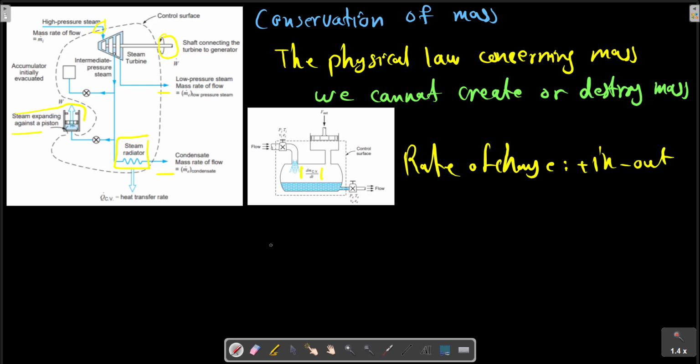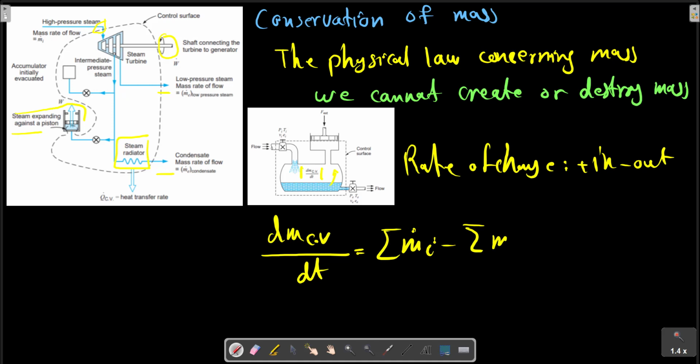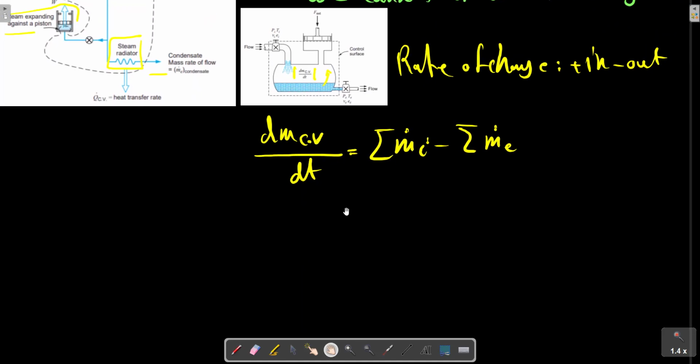So we can write dm control volume on dt equals m dot in minus m dot out if the tank has an input and output flow. This is the conservation of mass.